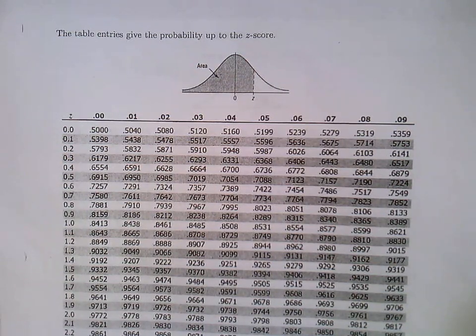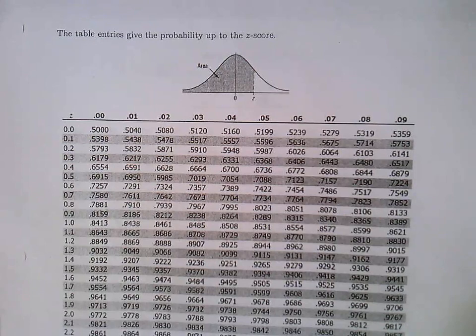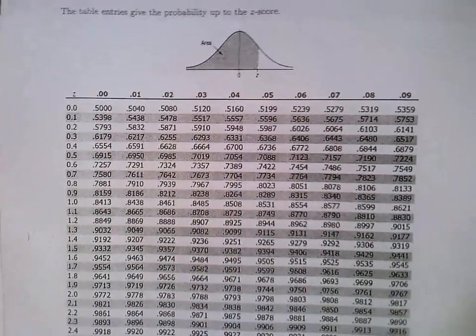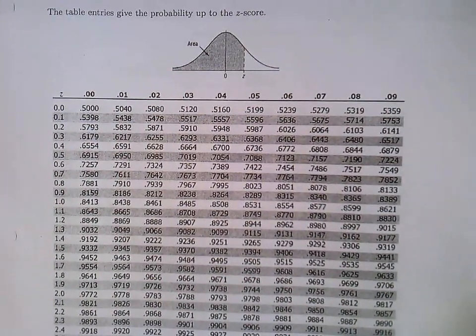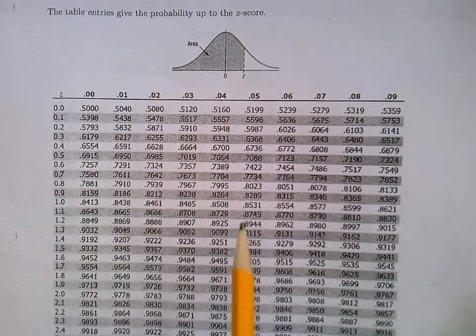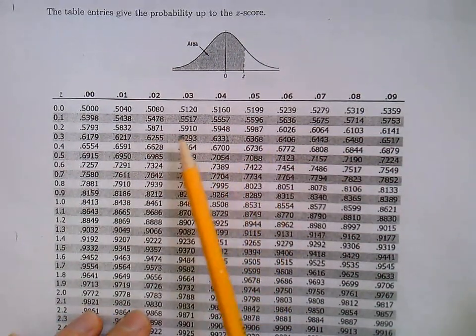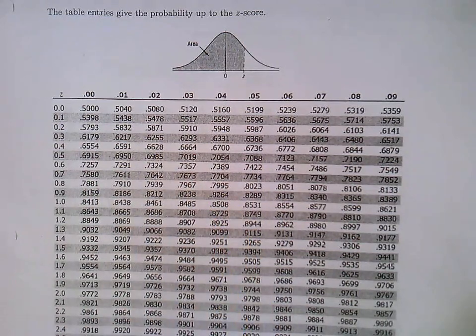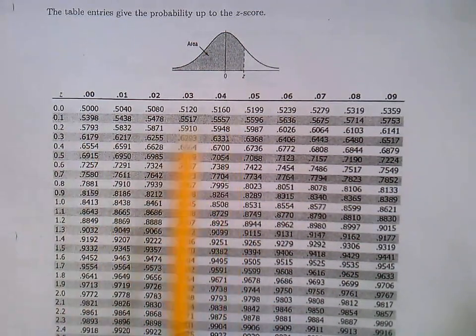Those had formulas to go with them to get probabilities. We can't do that with the normal distribution. It's just too much. So instead, somebody a long time ago took a lot of time and figured out all of these numbers. They're all rounded to 4 decimal places for these various z-scores.